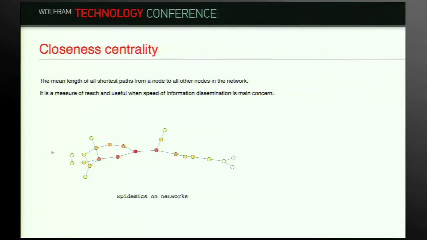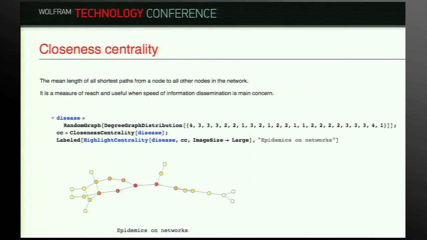So the next example is the closeness centrality. In this case, it's just an example of an epidemic network. I just generated an epidemic network from the degree centrality. The closeness centrality is an important measure to see the speed of information dissemination.